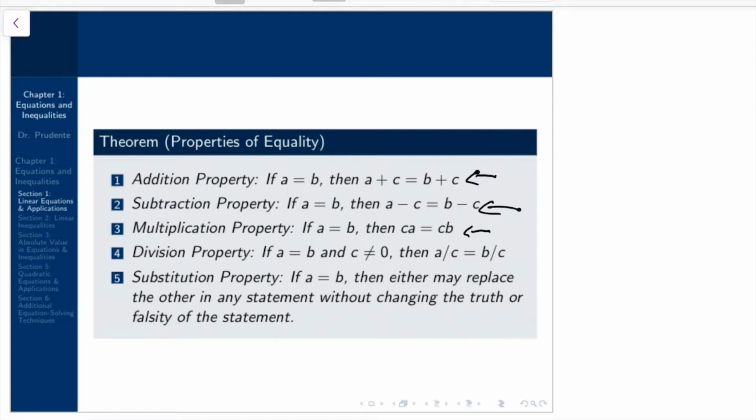The multiplication property says we can multiply both sides by anything, and the division property says we can divide both sides by anything as long as what we divide by is not 0. Right? And lastly, we have a substitution property that says something like if A is equal to B, then we can replace that into any statement without changing the truth or value of our statement.